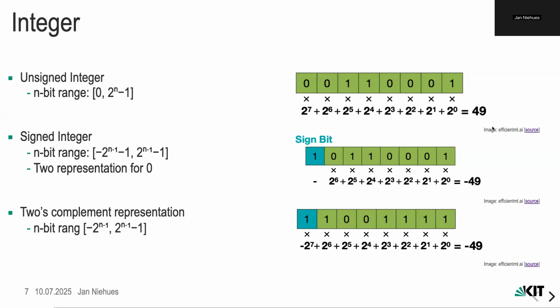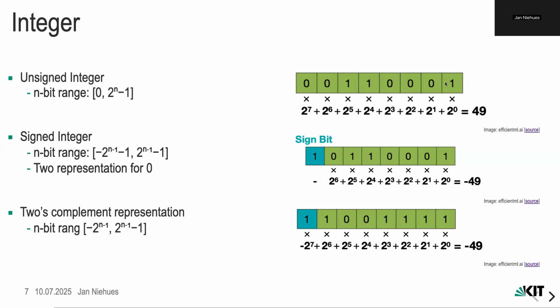So the most common ones are either unsigned integer, signed integer, or two's complement representation. If you have an unsigned integer, you just take the bits you have and an n-bit array will be able to represent all numbers between 0 and 2 to the power of n minus 1.